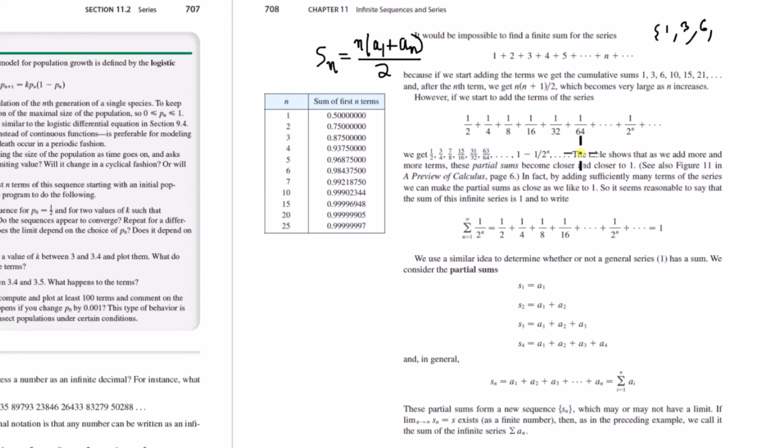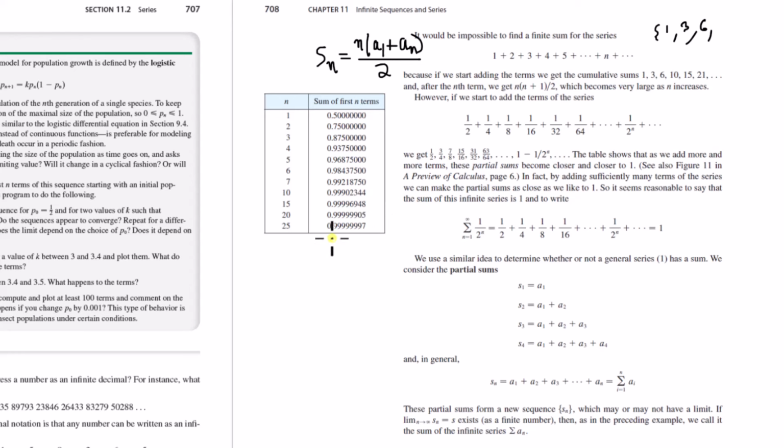Okay, and this is actually a geometric sequence that we're adding. But if we look, going from n equal to 1 to 25, it looks like we're approaching 1 from below. And so this is more interesting, right? This is not like the arithmetic series. This looks like it has more potential meaning to it, as far as it's actually converging to something.